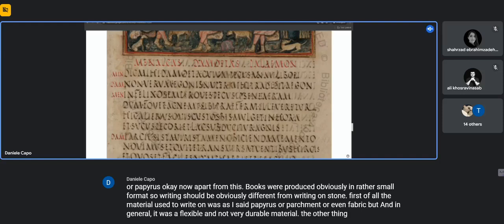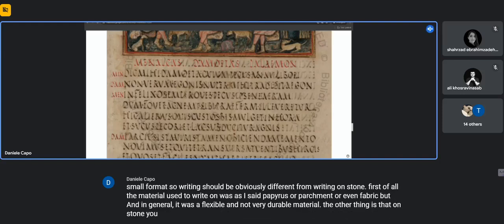The other thing is that on stone, you use a brush, as we have seen, and then you carve the stone.